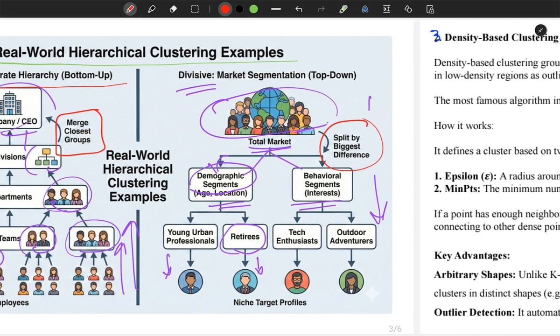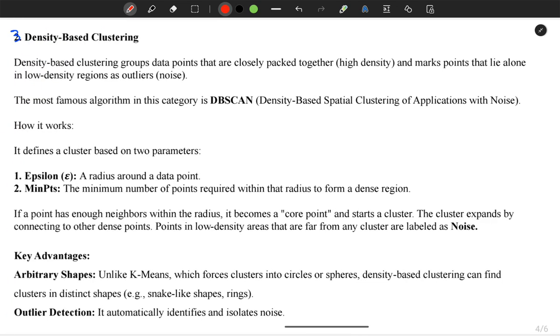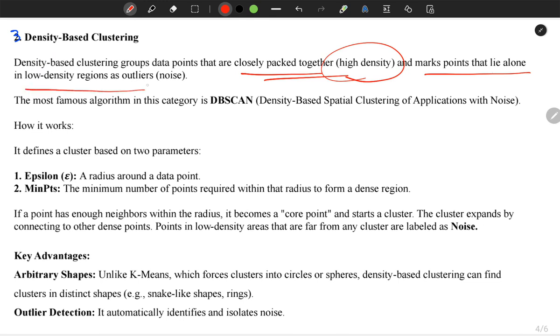Okay, the next one is density-based clustering. Density-based clustering groups the data points that are closely packed together, for example, in a high density region, and marks the points that lie alone in low density regions as outliers.